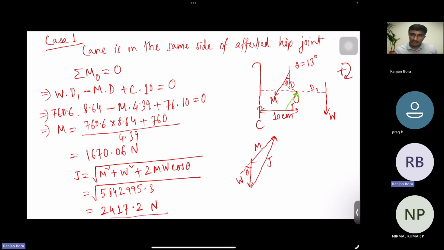So this was the case one, like the person is taking the cane on the same side of the affected hip joint. And we have seen there might be case two also, in which the person will take the cane on the opposite side of the affected hip joint. So now we'll solve the joint reaction force for case two.